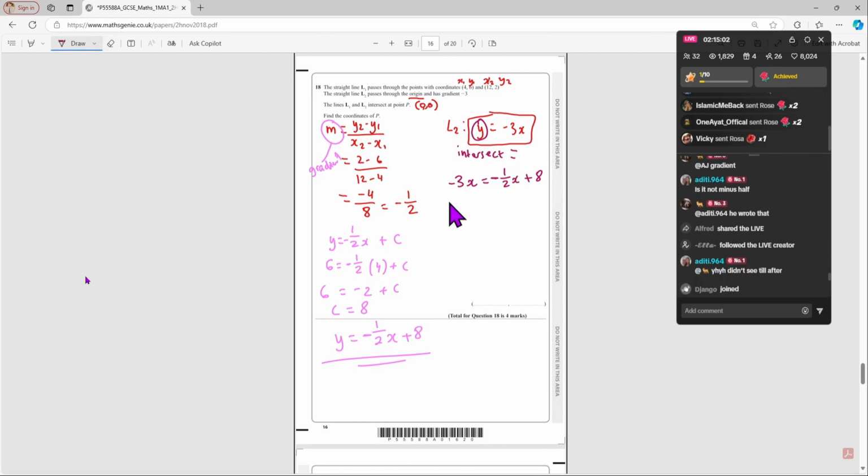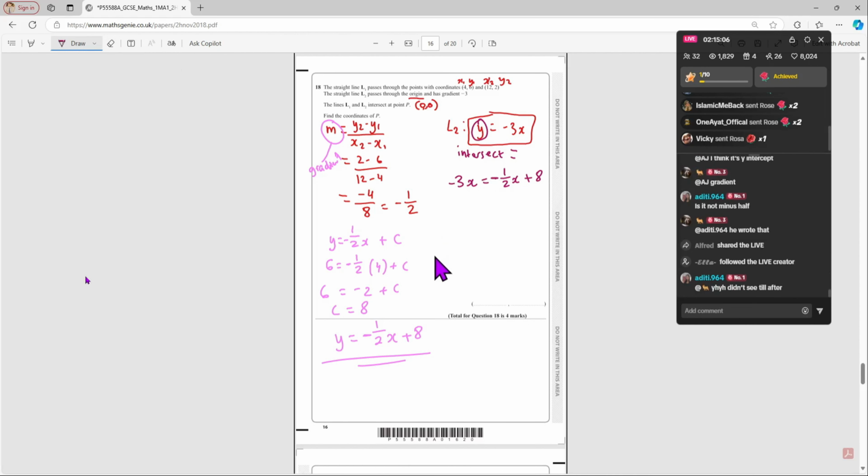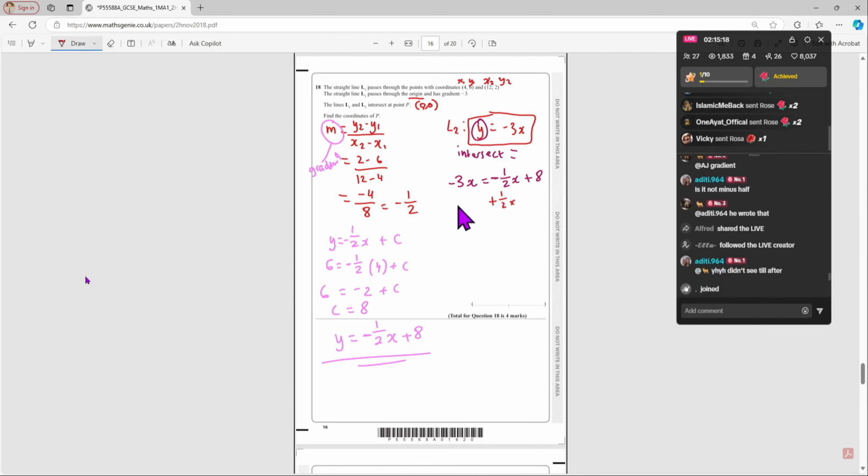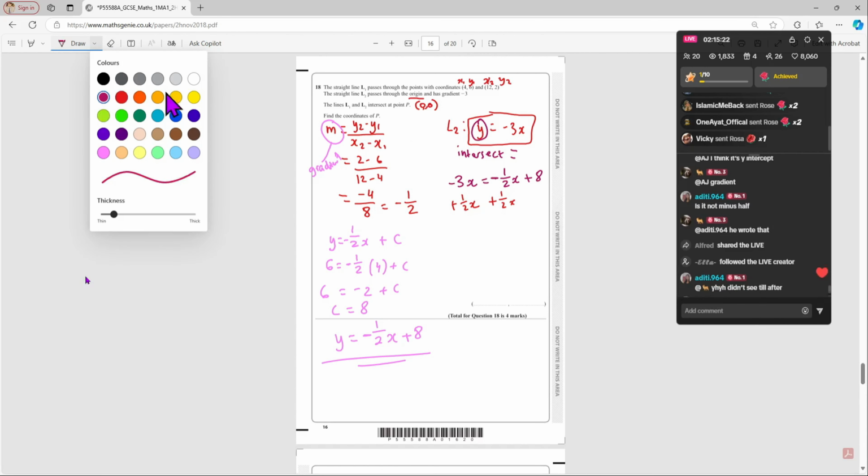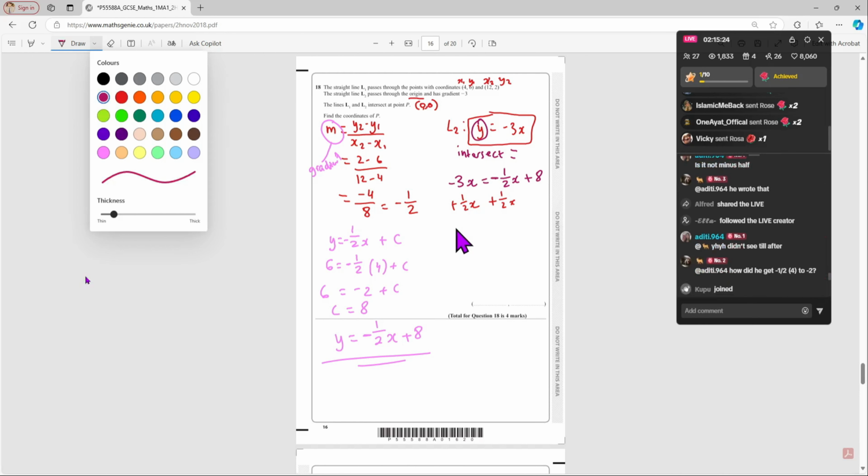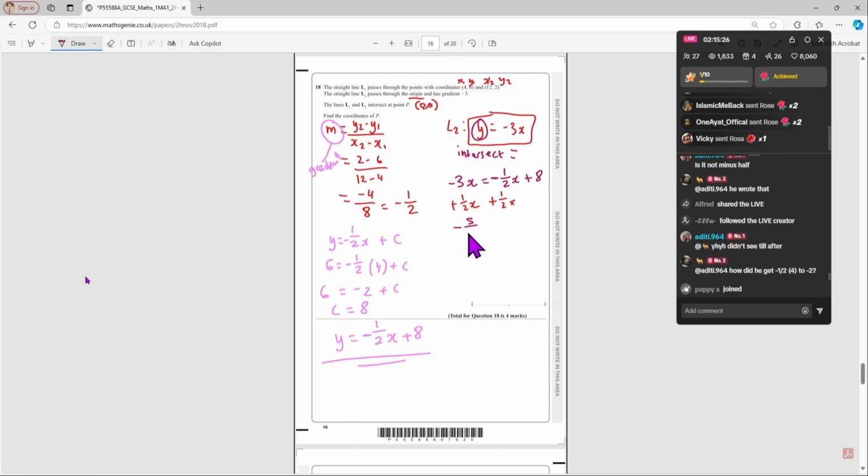Now once we've done that, we're going to solve to find the value of our x. To find the value of x, we're going to first of all add a half x to both sides. When you add a half x to both sides, you're going to end up with minus 5 over 2 x is equal to 8.